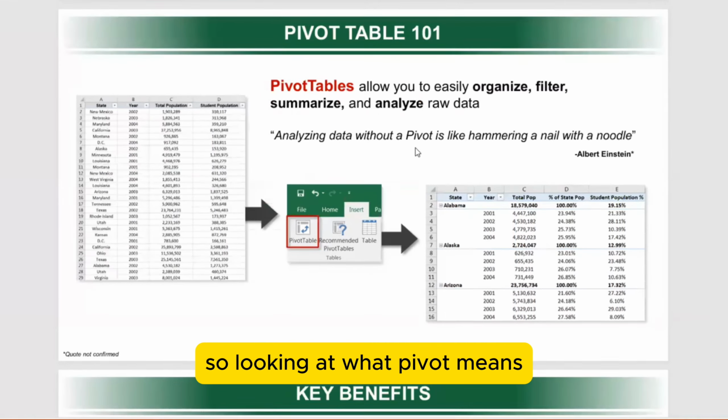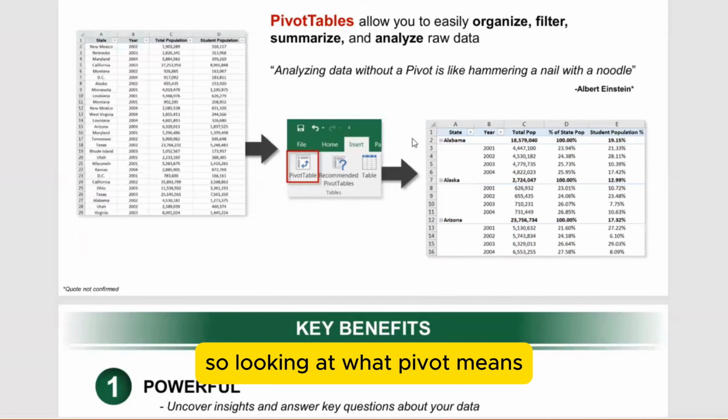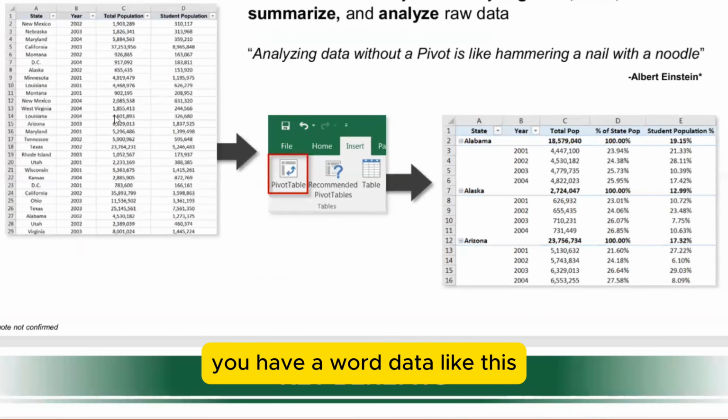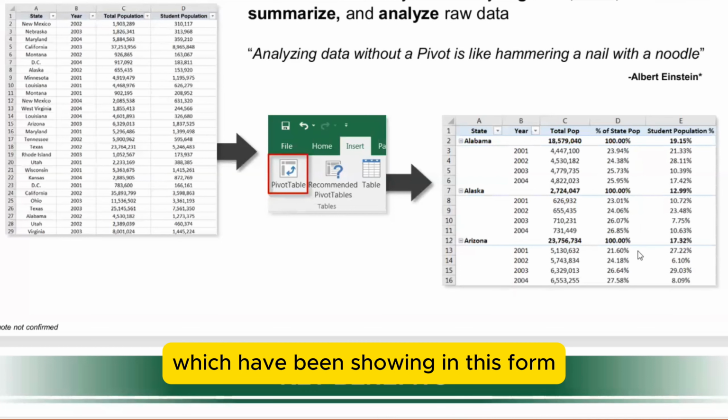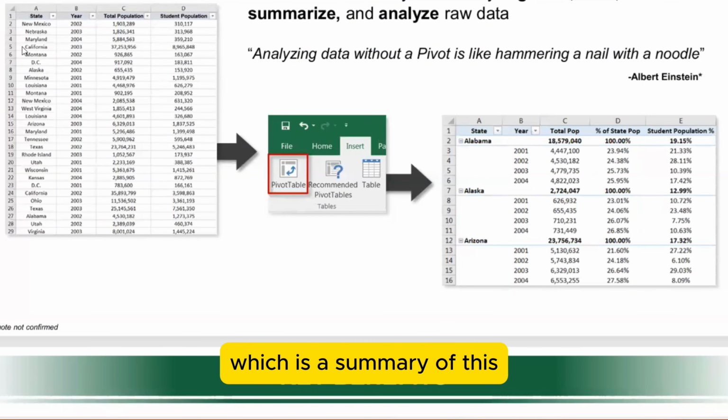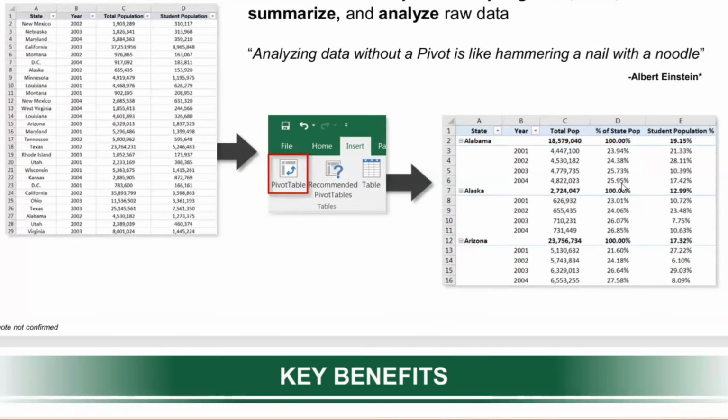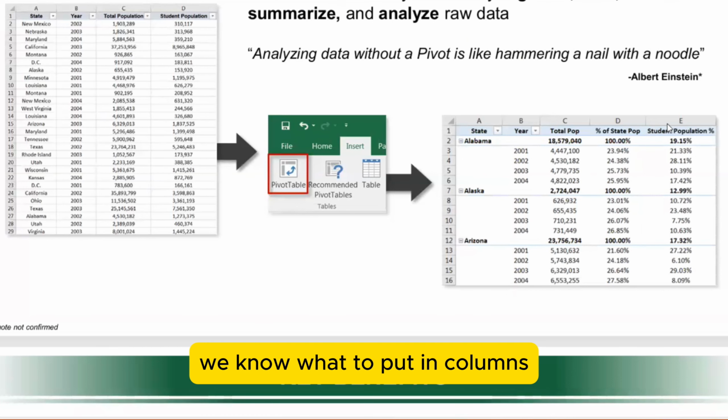So looking at what pivot means, you have raw data like this. We have been using the pivot functionality to create pivots, which show in this form, a summary of this. We know what to put in rows, we know what to put in columns.